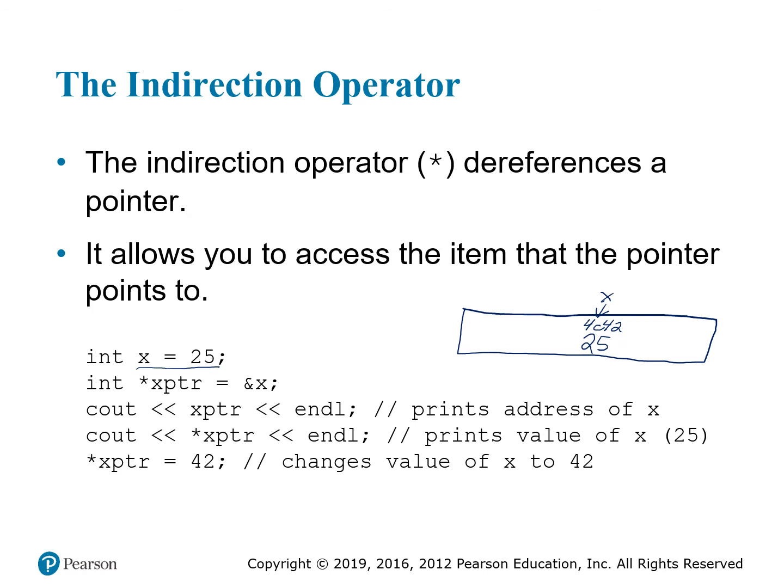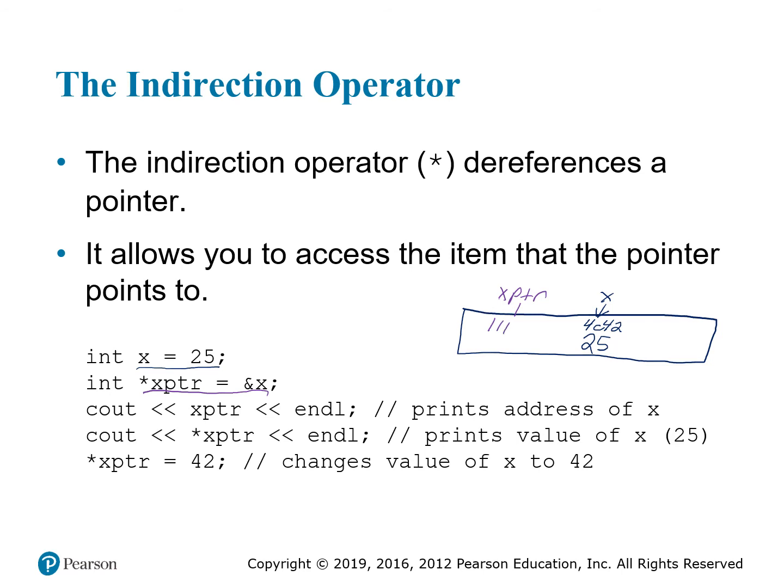Int star x pointer, okay, is now going to get the value ampersand x. So we create a new value here, call it x pointer, and it might be at location, maybe 1111.